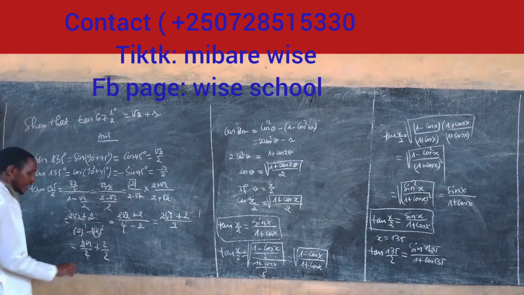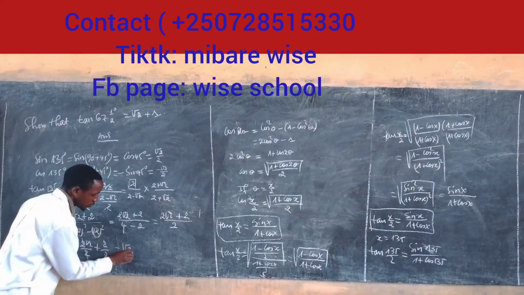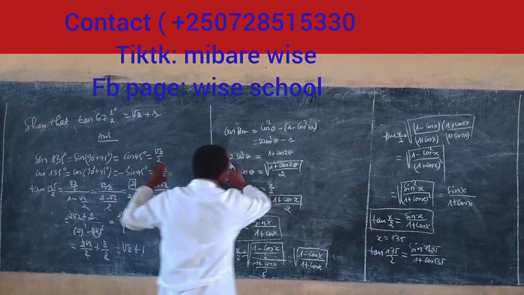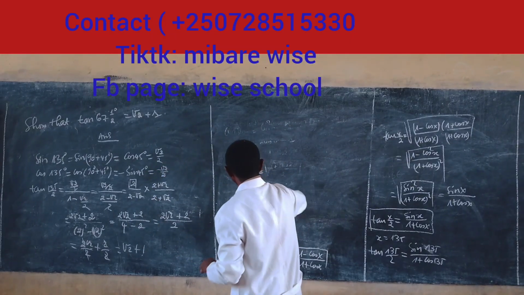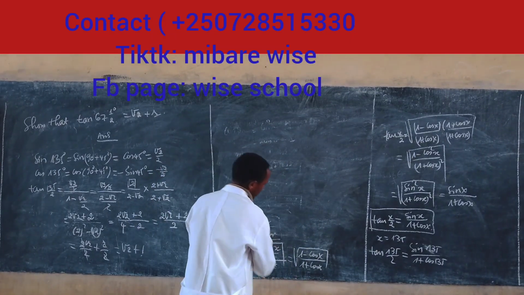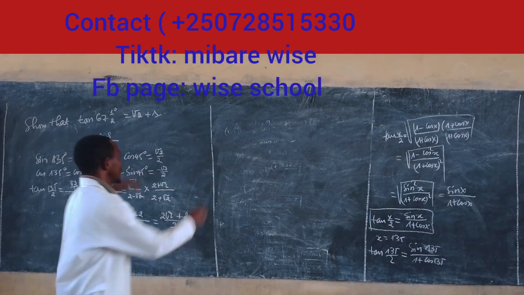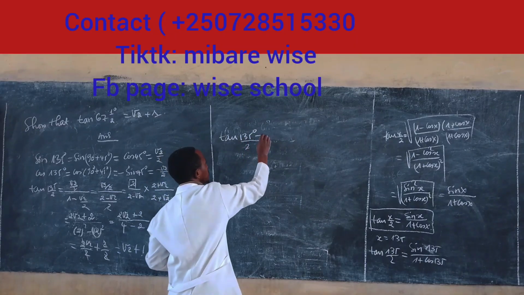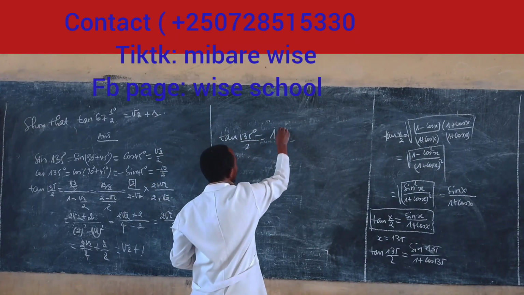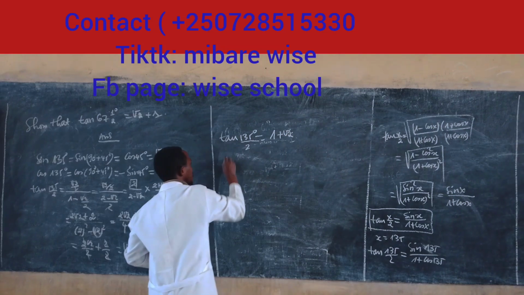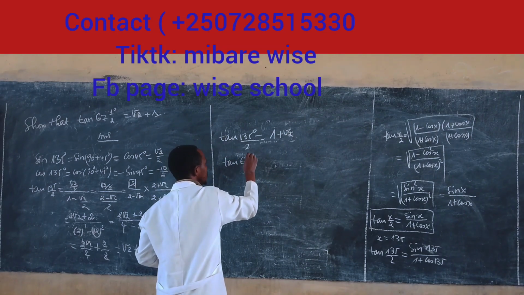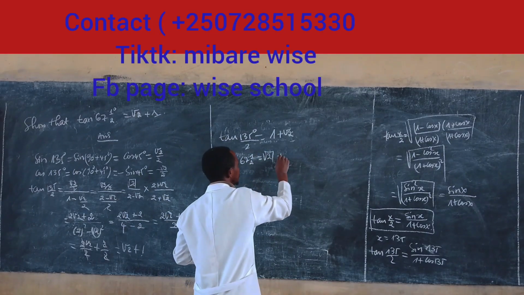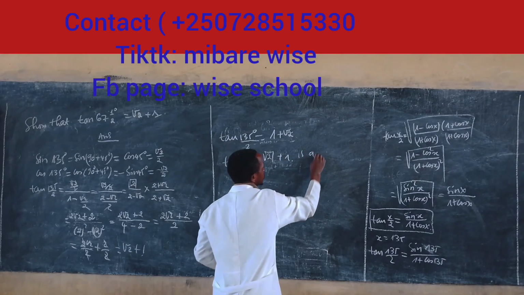We simplify this and that, and this goes to square root of 2 plus 1. Remember, in our question it is equal to that. We conclude that tan of 135 degrees over 2 is equal to 1 plus square root of 2, the same as tan of 67 1/2 degrees is equal to square root of 2 plus 1. It is easily proved.